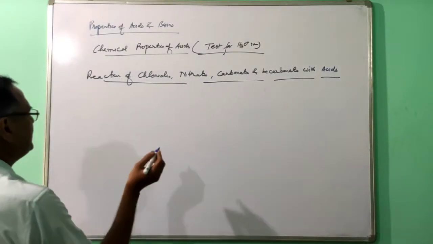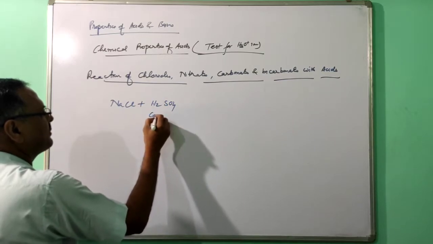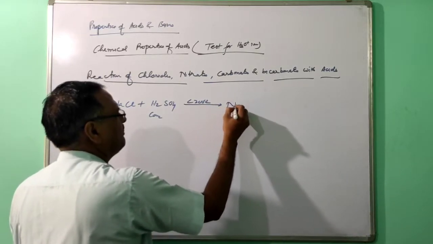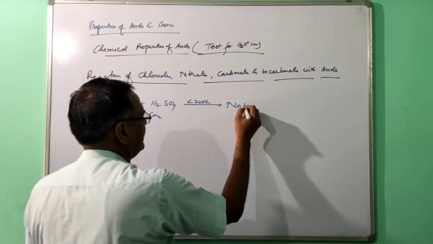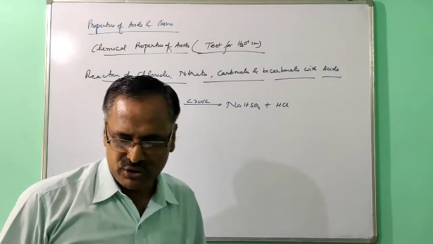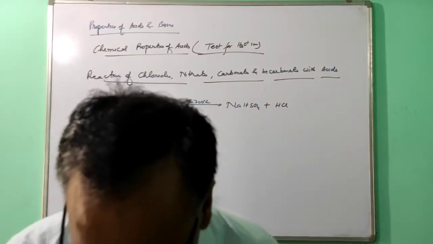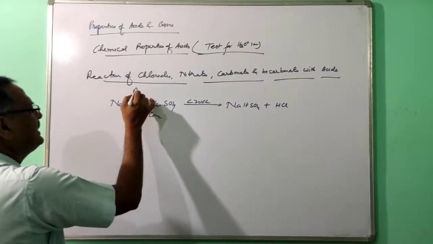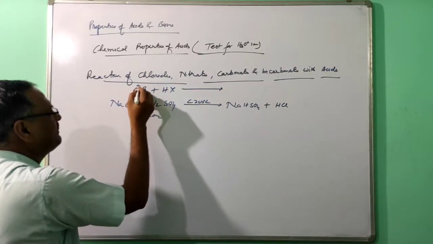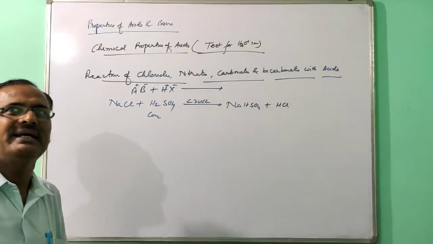For chloride, you have seen that sodium chloride reacts with concentrated H2SO4. If the temperature is below 200 degrees Celsius, this will form NaHSO4 plus HCl. One point is given here that less volatile acid will displace more volatile acid. Go through your book, this point is given. AB plus HX forms a double decomposition reaction, in which two compounds react by exchanging their radicals.